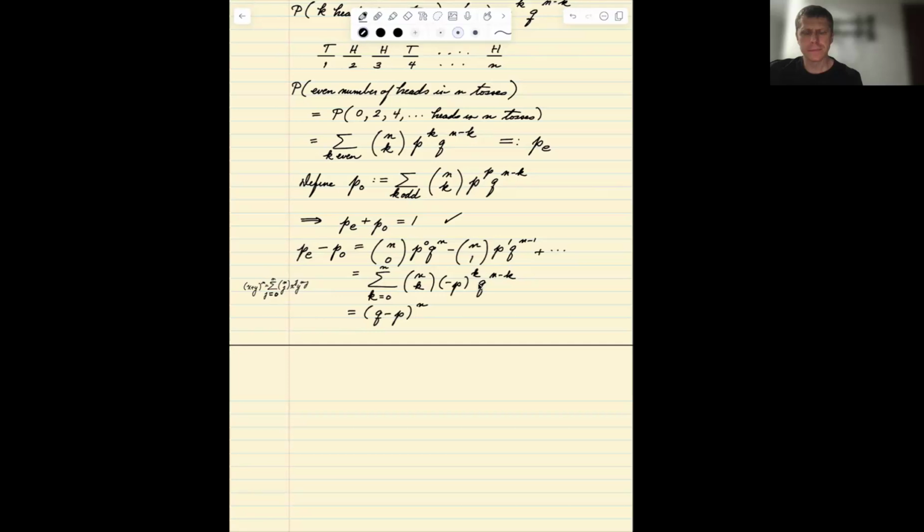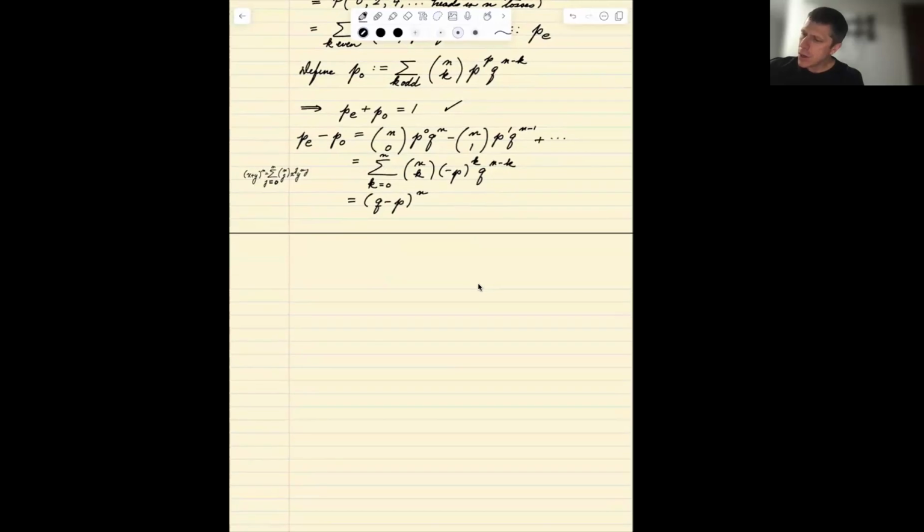Okay. So what does that tell us? Well, p sub o is 1 minus p sub e. So this is p sub e minus 1 minus p sub e, which simplifies to 2 times p sub e minus 1, which we've just calculated as q minus p to the power n.